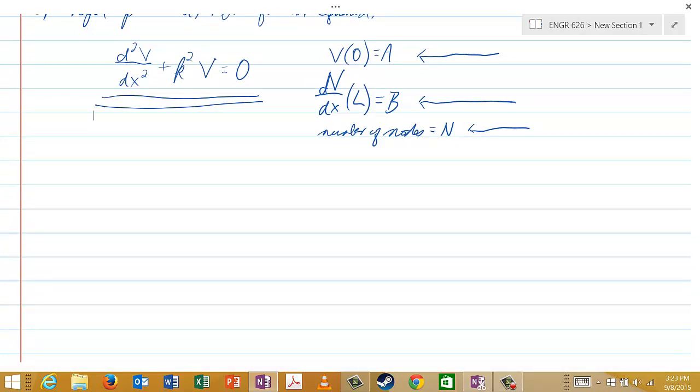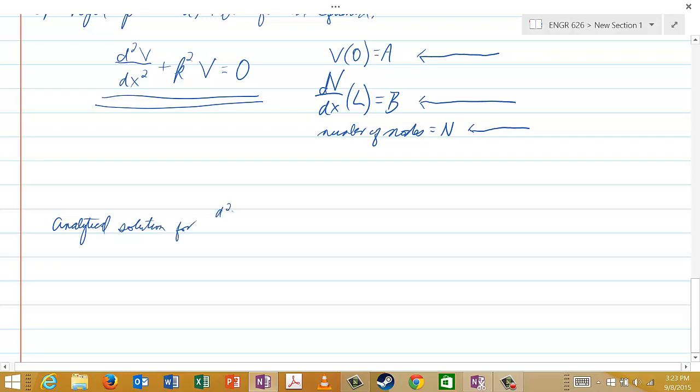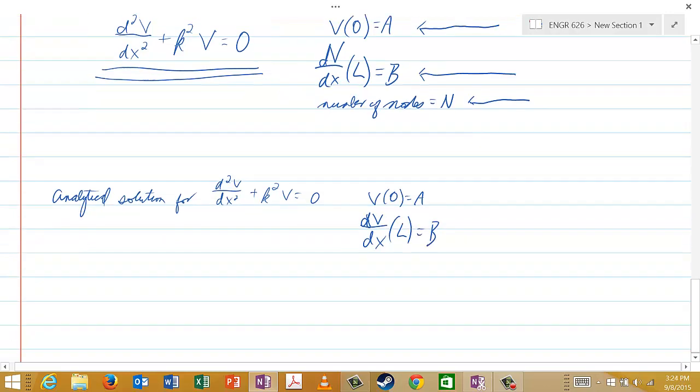Okay, how do you get the analytical solution for d squared v dx squared plus k squared v equals 0, v of 0 equals A, dv dx of L equals B? How can we get this?